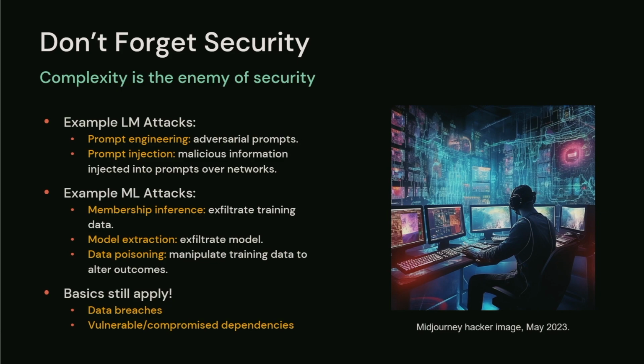Okay. So we don't want to forget about security, both traditional security, data breaches, vulnerable or compromised dependencies, and then specific language model attacks and more general machine learning attacks. I just showed the prompt engineering slide. The other big attack for these language models is prompt injection. That's one reason why it's not a great idea to hook them up to the internet right now, because you can alter the prompt by injecting prompt-like text into the headers of web pages and stuff like that.